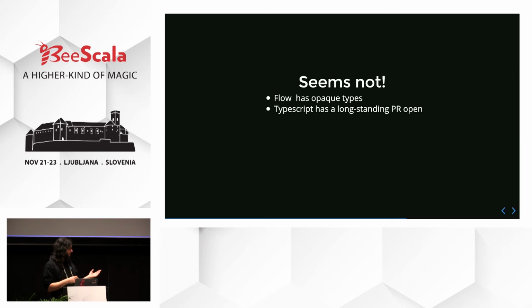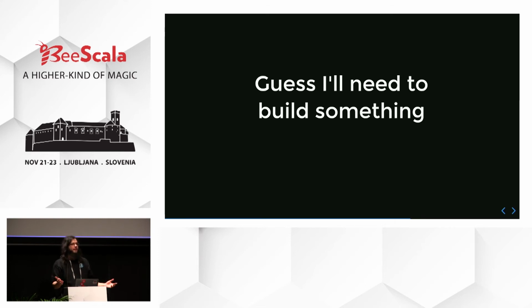It didn't get that much traction. However, you do have a way to hack it in TypeScript as it is currently, by adding another field which contains the information, and TypeScript has literal types, so you can match against the thing. If you want more information later, just ping me about it and I can explain the hack that some people use to get over this. So I guess I'm back to building something to make this work.